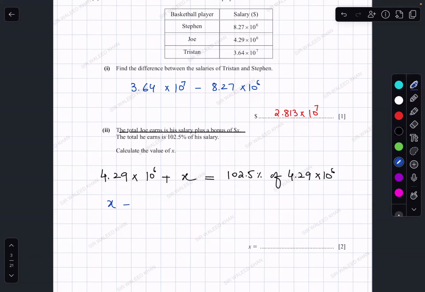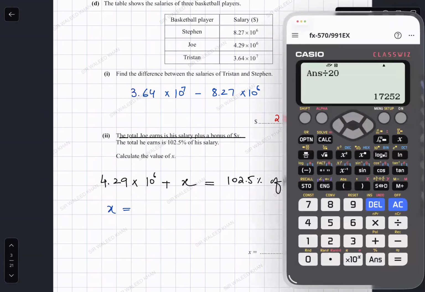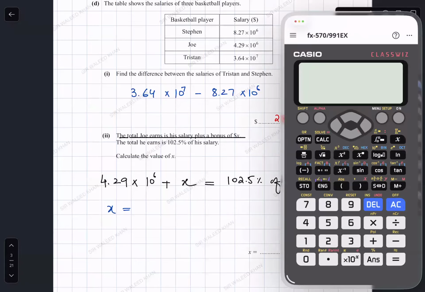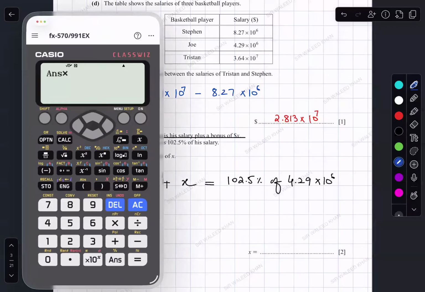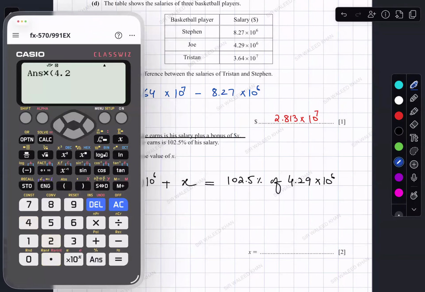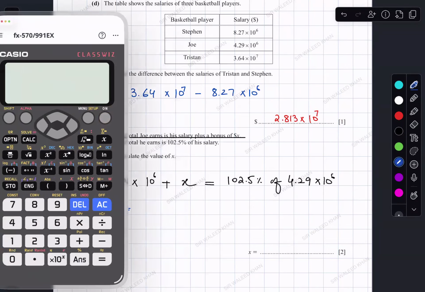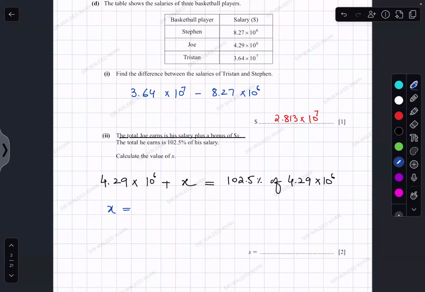Now, X should be equal to, let's multiply that first. 102.5% times 4.29 times 10 to the power of 6. Wait, let me use this calculator, the other one.